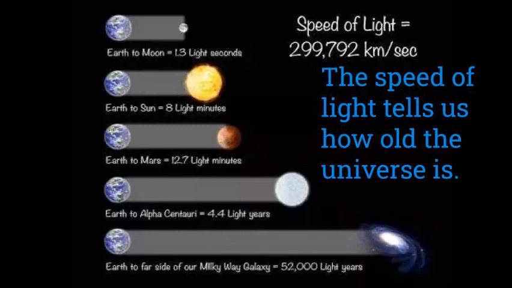Light takes time to get from one place to another. And when we're talking about things that are the size of our entire universe, it takes a lot of time. So, how old is the universe? Well, we can tell that because we can measure how far the farthest light has traveled to get to us.